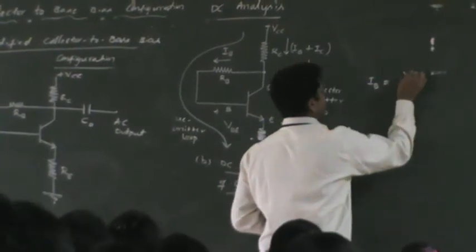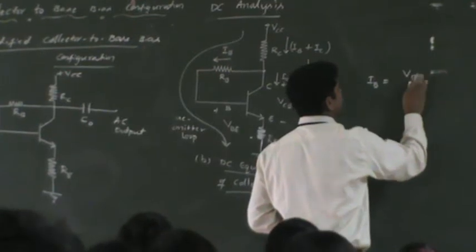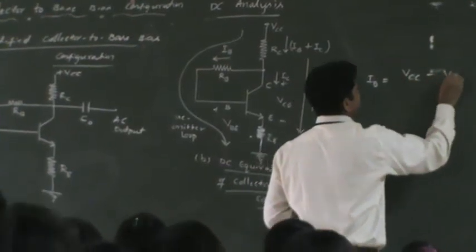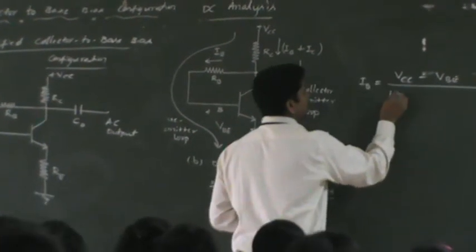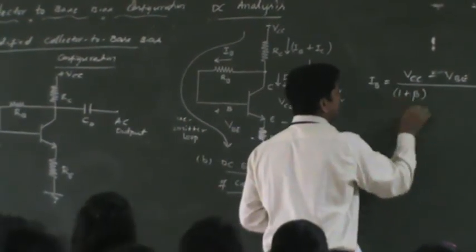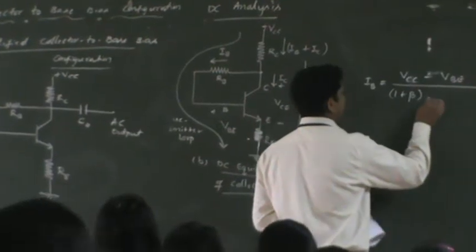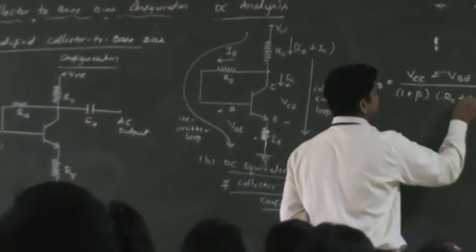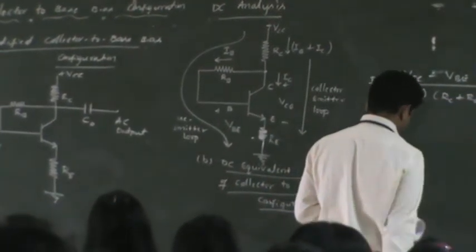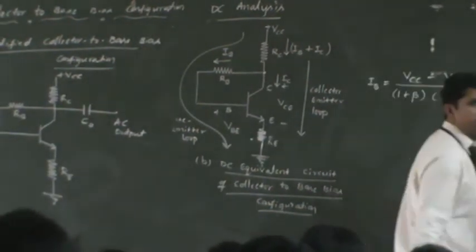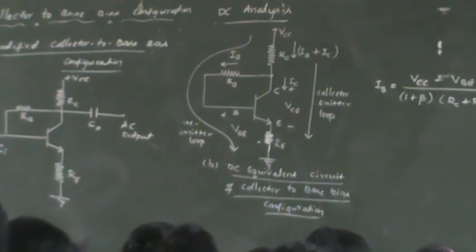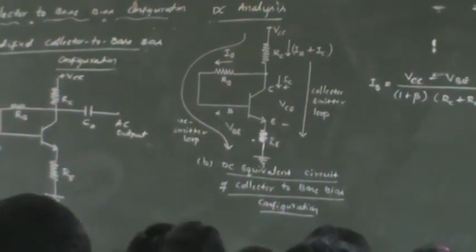IB is, as usual, in the numerator VCC minus VBE divided by 1 plus beta times, here we have, RC plus RE plus RB. We got this expression. That is the expression for IB.